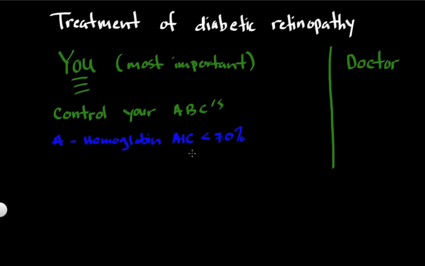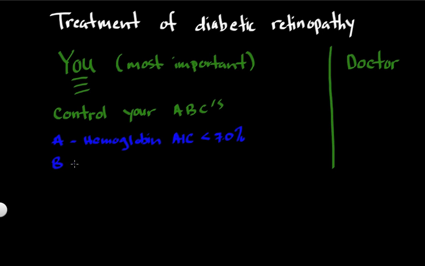If it's 8% or 9% or 12% or 14%, it's way, way too high. You want your blood sugars to be under control so that your blood vessels in your retina remain healthy. So A is hemoglobin A1c.